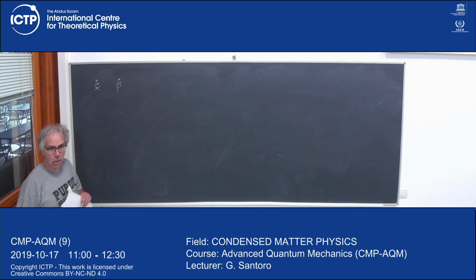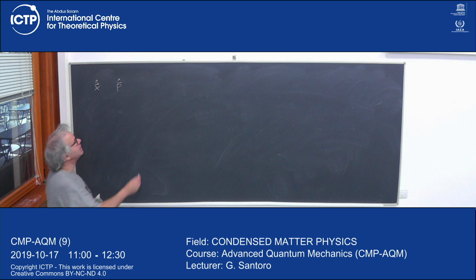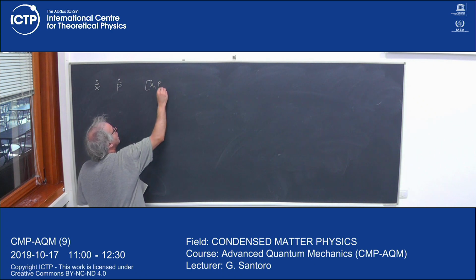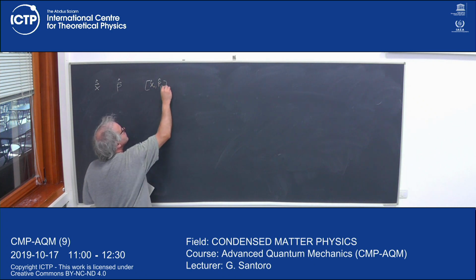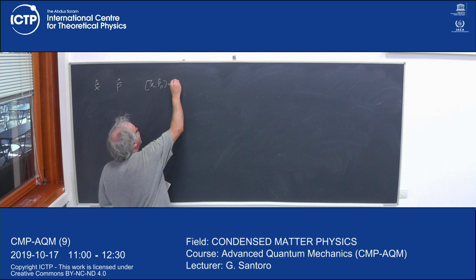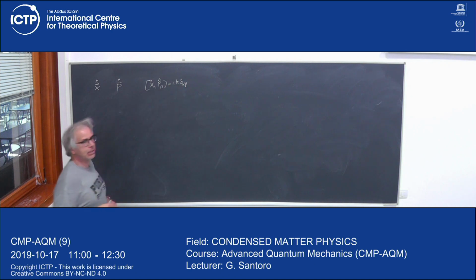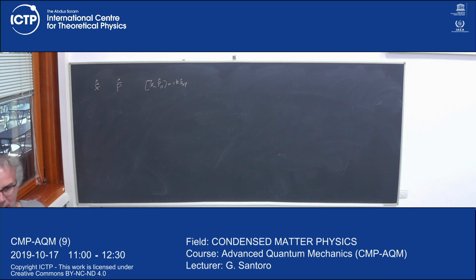I know that they do not commute, and in fact they have a commutation relationship: x hat alpha, p hat beta, is equal to i ħ delta alpha beta, where alpha and beta are Cartesian coordinates, can be x, y, or z.